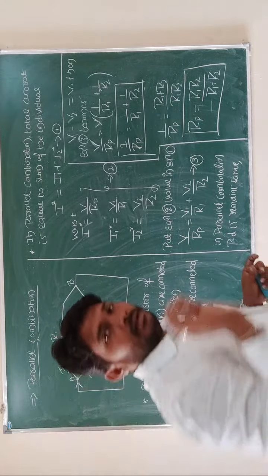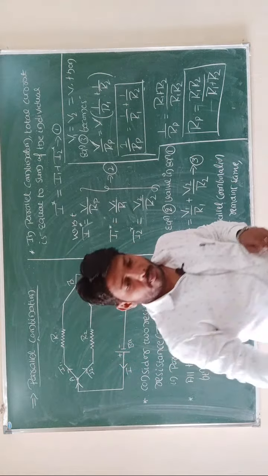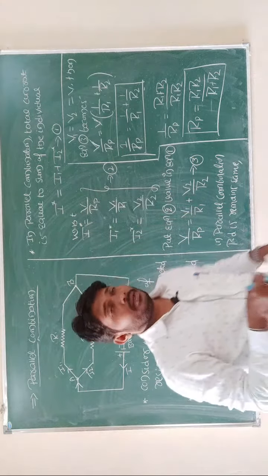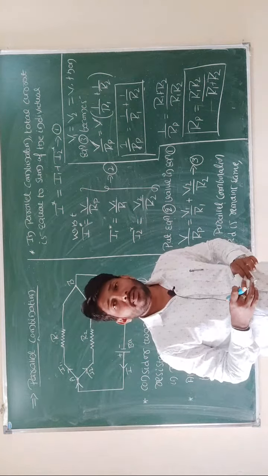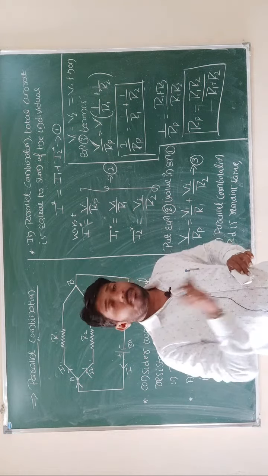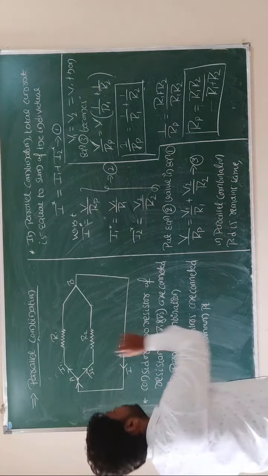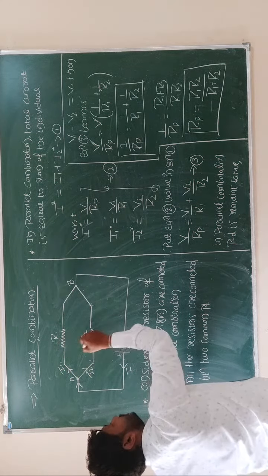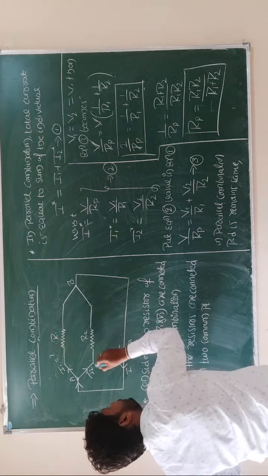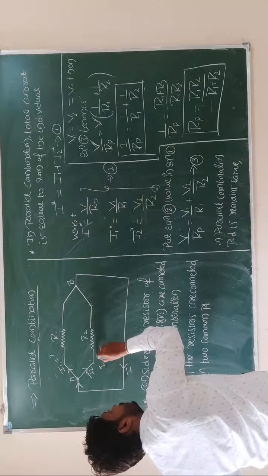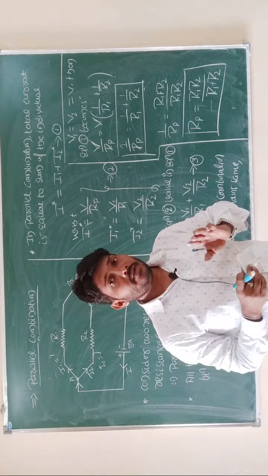So this is the expression for effective resistance in parallel combination. Now, in parallel combination, I said the total current is equal to the sum of the individual currents. Now let me find the branch currents: the amount of current flowing through the first resistor and through the second resistor.